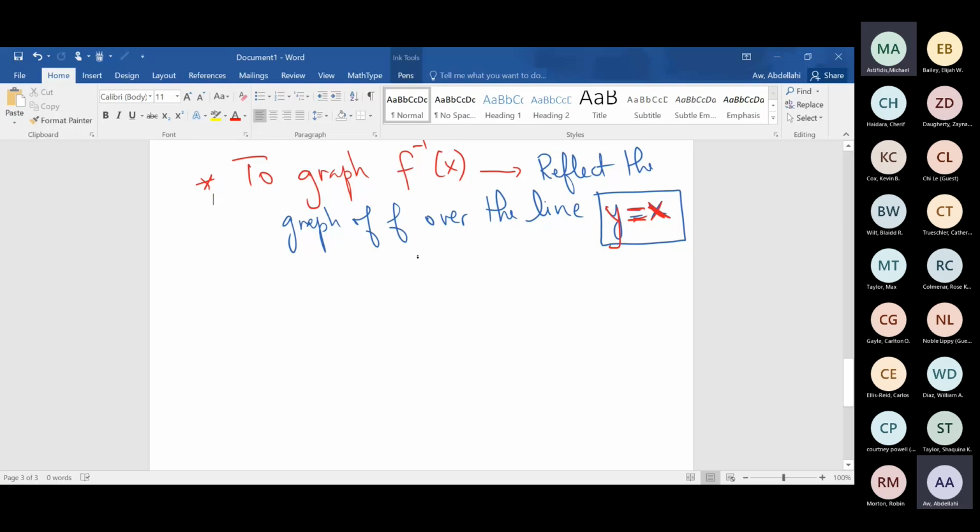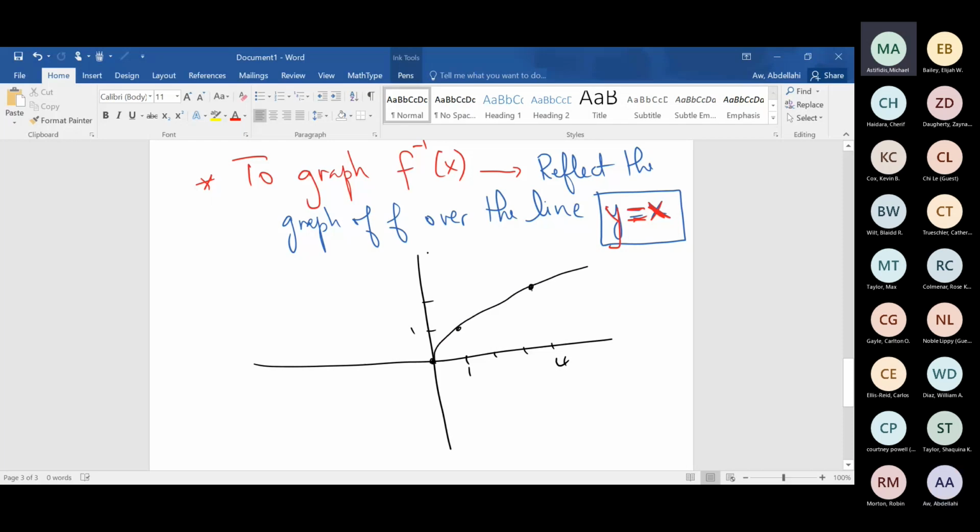So for instance, right here, if I have this graph, tell me, this graph looks like the graph of what function? Square root function. Thank you very much.